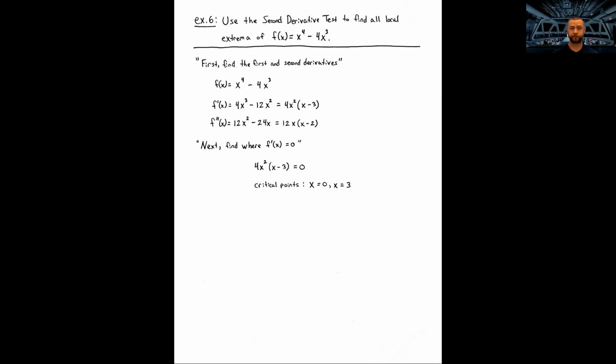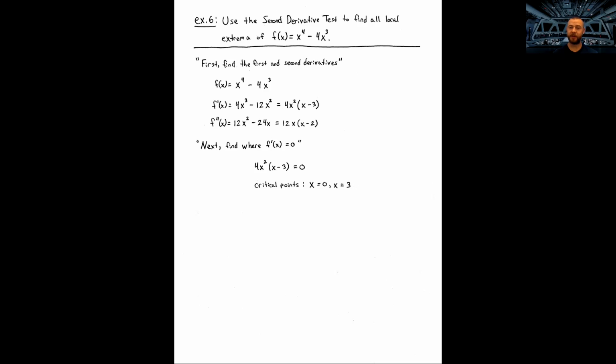The next step would be we want to find any critical points where the first derivative equals 0. So you can take your factored version for the first derivative, 4x squared times x minus 3, set that equal to 0, and we get two critical points, x equals 0 and x equals 3.